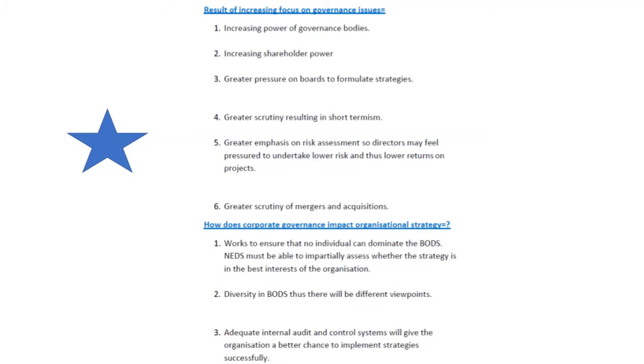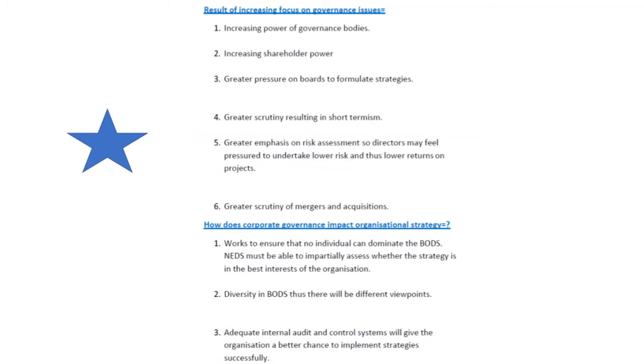And corporate governance obviously impacts your organizational strategy. Why? Because it will tell you to put this committee in place, put that committee in place, make sure the directors are skilled, make sure the directors are independent, make sure there is a diverse board, adequate internal audit, external audit functions.